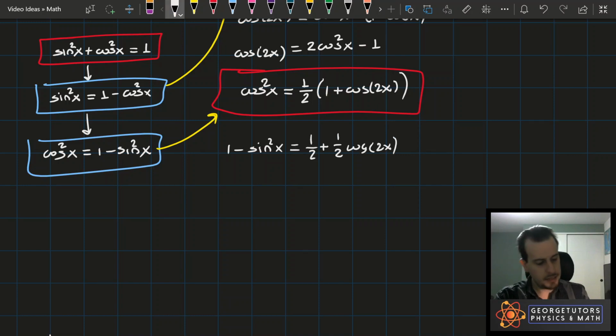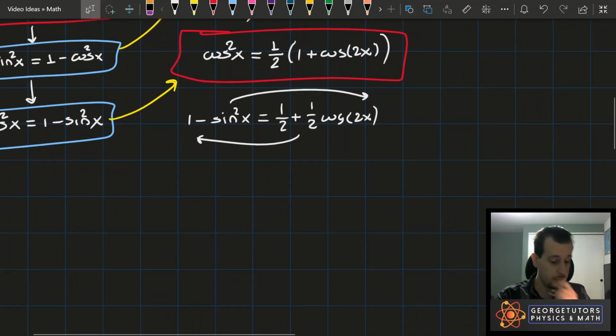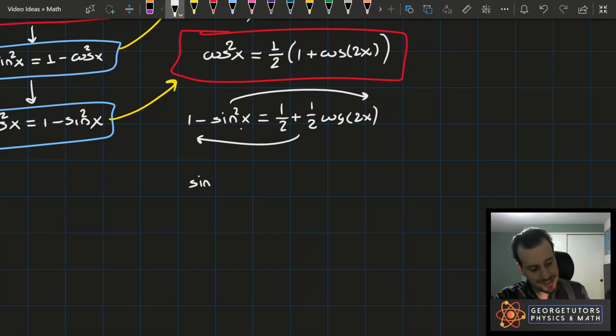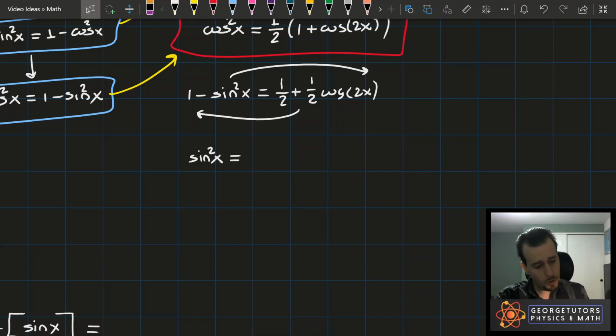Okay, and then I can move this over there while I move these both over on the other side. And that will allow me to get sine squared of x right now. And what would that be equal to? Can we see? So the 1/2 again would, over here, you'd have 1 minus 1/2. That gets you 1/2.